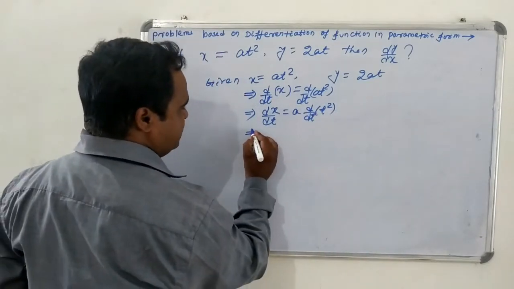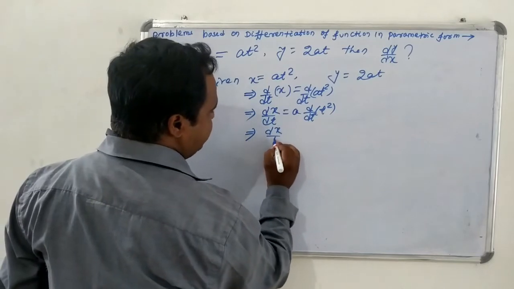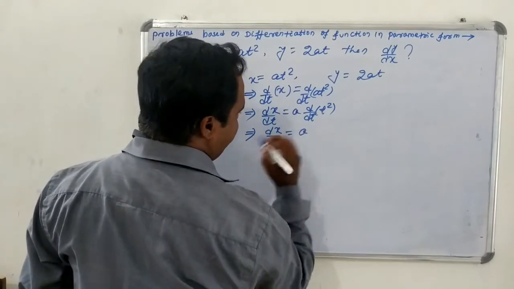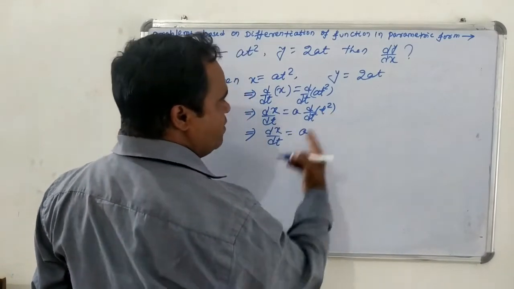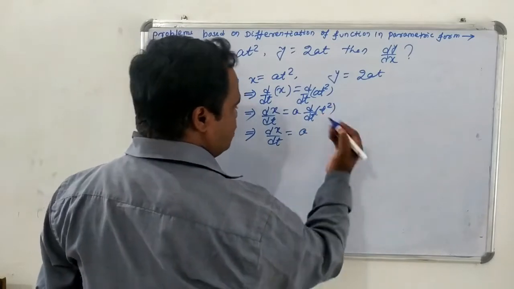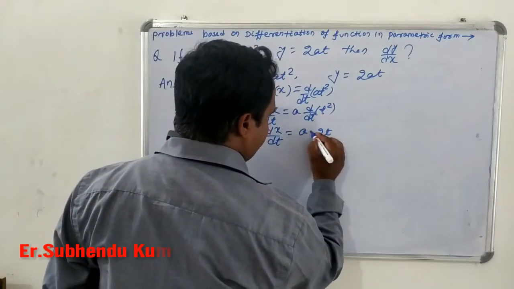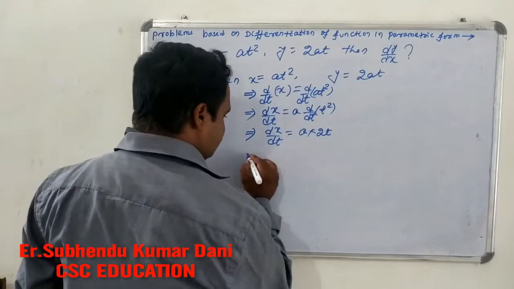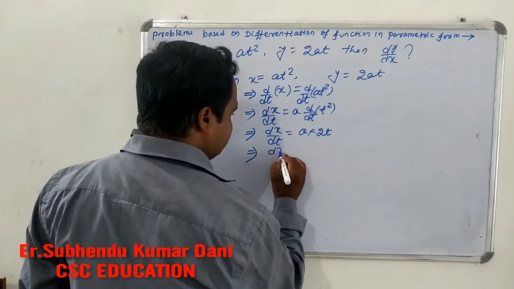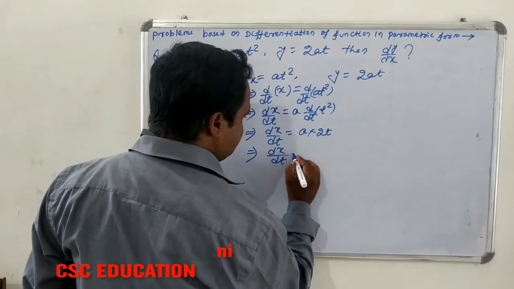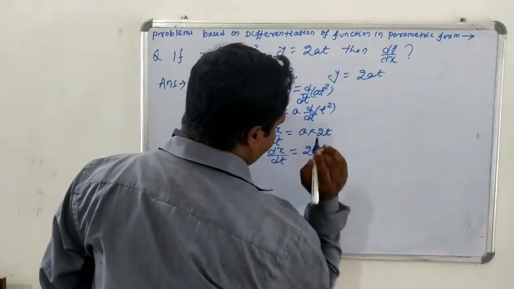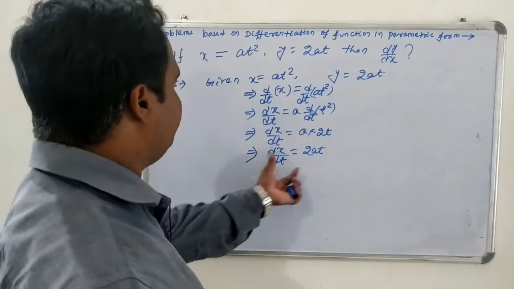The power of t is 2, so that means 2t. Therefore dx by dt equals 2at.